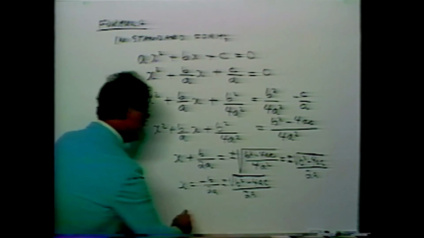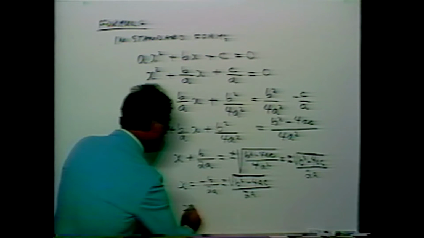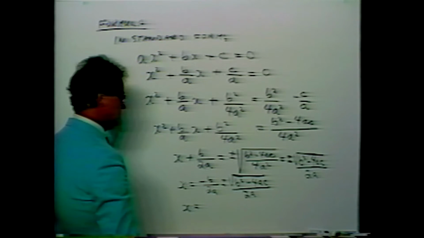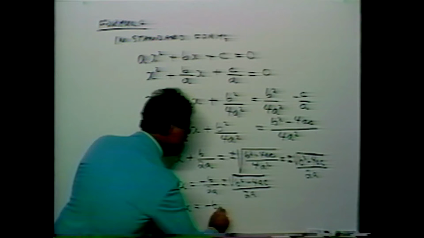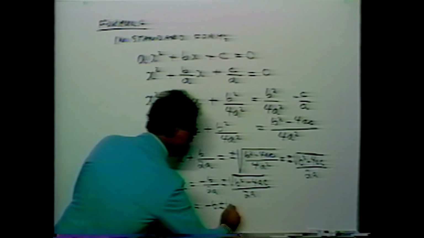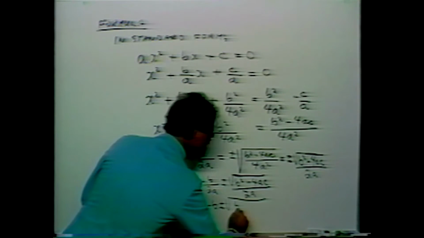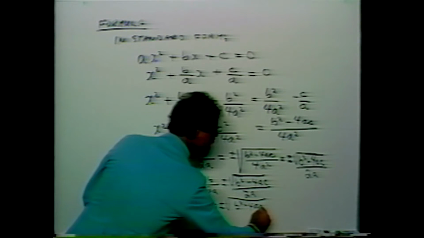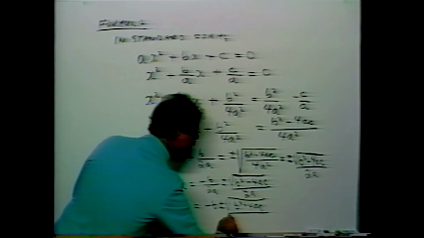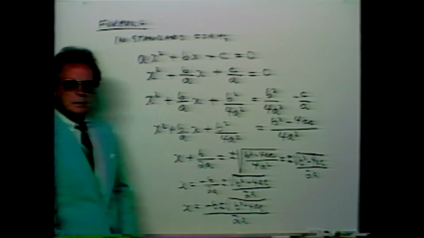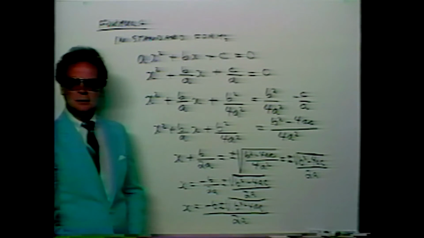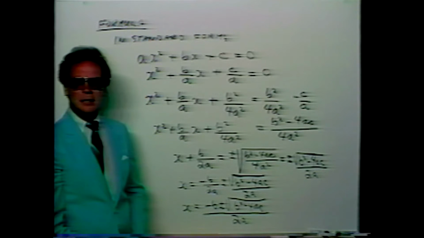We often write the formula for the value of x as minus b plus or minus the square root of b squared minus 4ac all over 2a, written only once. So here you have the formula, and it is known as the quadratic formula.